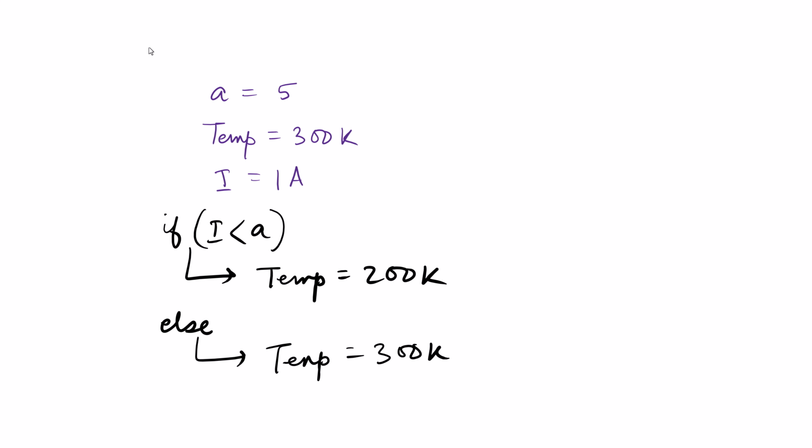Now let me explain what will happen with this condition. So in this example we have I equal to 1 and a equal to 5. That means that this condition is satisfied, that is a is greater than I. In that case the value of temp will be 200 Kelvin.